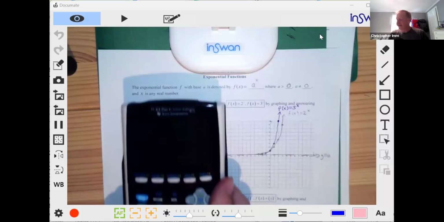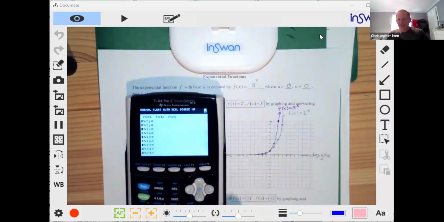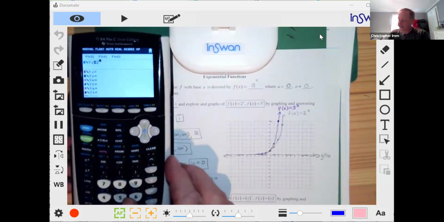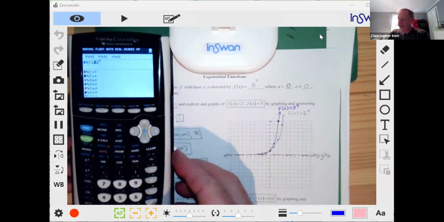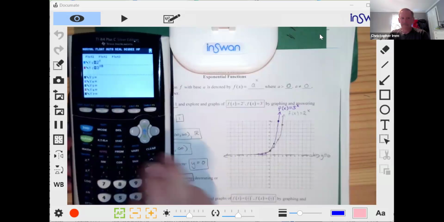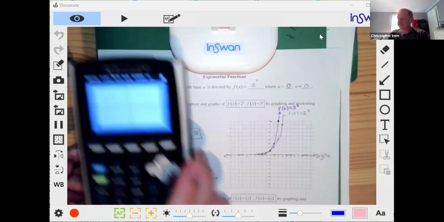We can sort of look at this graphically. So if I plugged in the function, I would have 2, and then I would do a caret. So I'm going to be using my caret button here, 2 raised to the x. And then I'll plot 3 raised to the x. And we'll graph these.